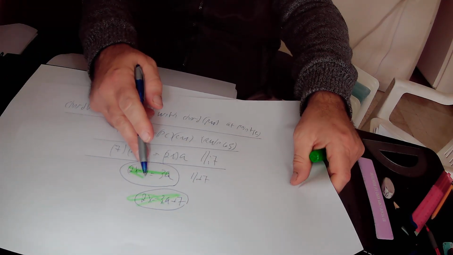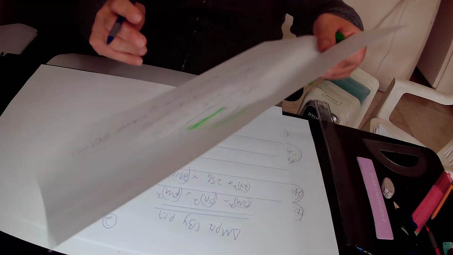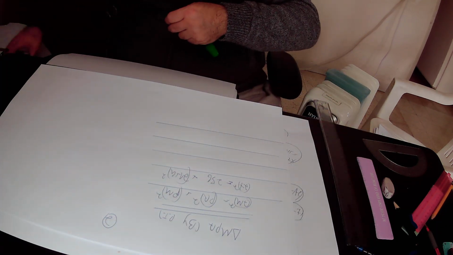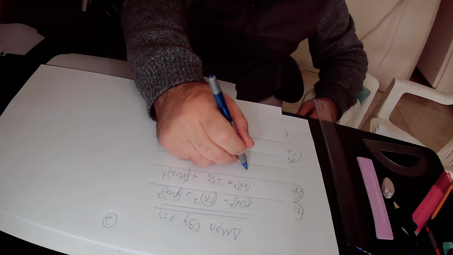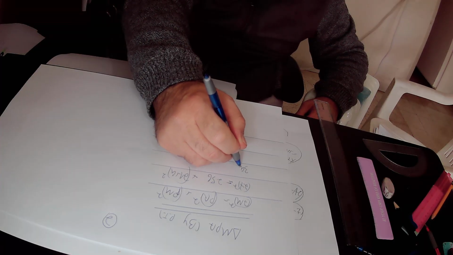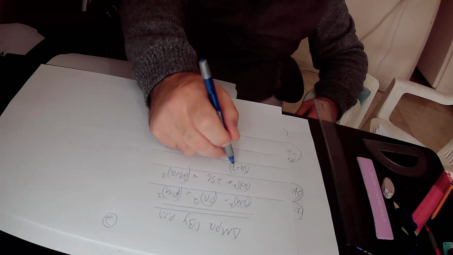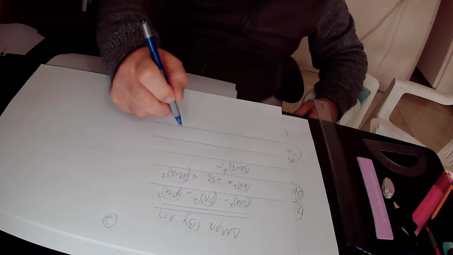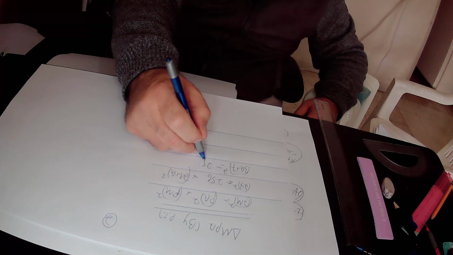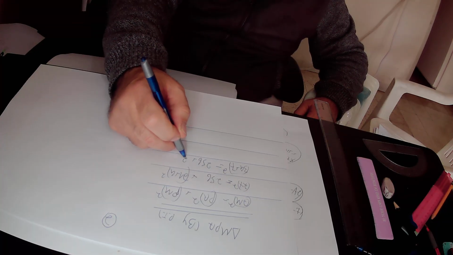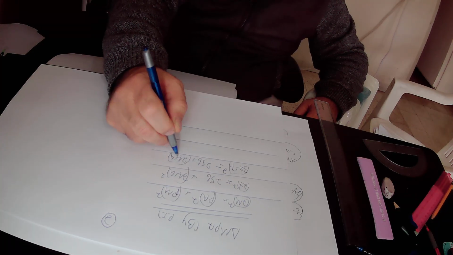We already found out that 2x equals 3a plus 7. And therefore (2x) squared equals (3a plus 7) squared, and it equals 256 plus (21 plus 8) squared.